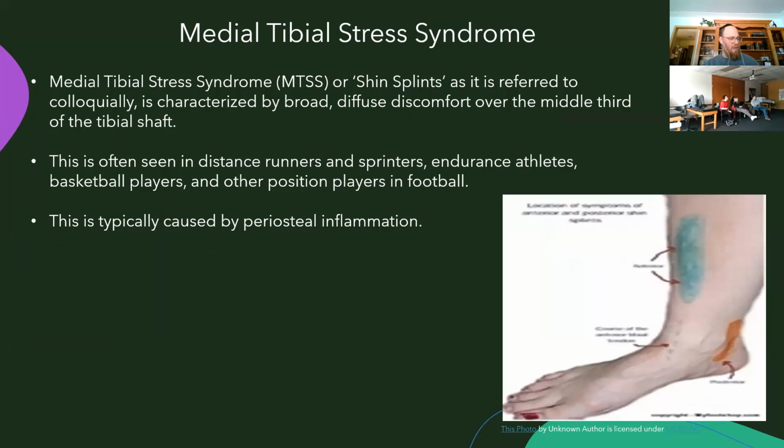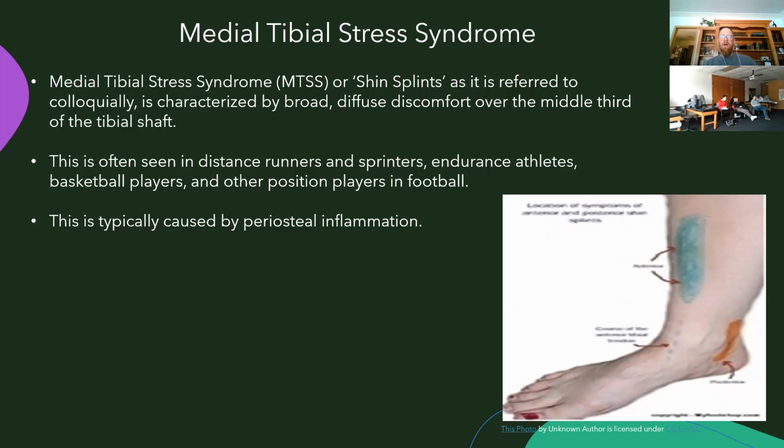Often we see this in distance runners and sprinters, endurance athletes specifically, basketball players, and other position players in football. And so usually we see this with periosteal inflammation, so the covering around the bone starts to become inflamed. And then ultimately, as Izzy so aptly pointed out, if left unmanaged, these can actually progress to stress fractures. So now you guys brought up several good points.